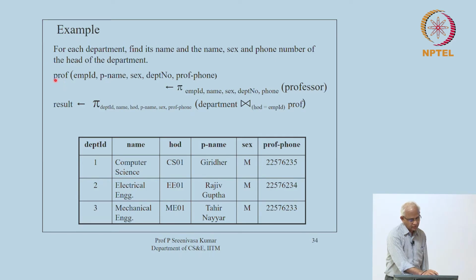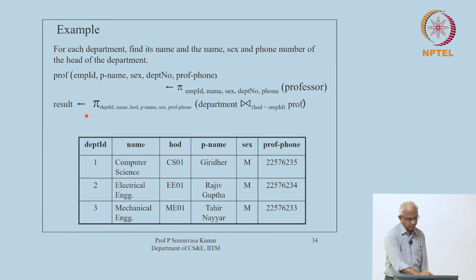I will introduce a short form of professor as prof, and then do the renaming here. Employee ID, P name, instead of name I just made it P name, and the rest of the things are as they are, and then I renamed phone as prof phone, because then this will be different from the department phone. So, that is how I take professor and then project the required attributes from the professor and then rename them like this.